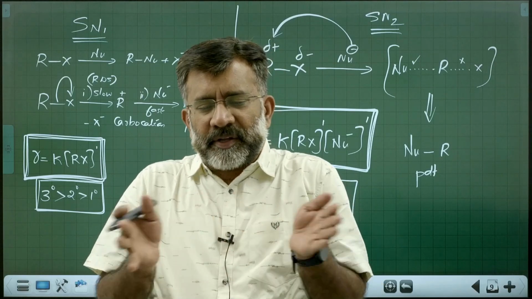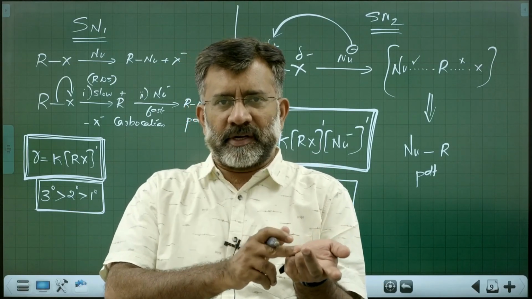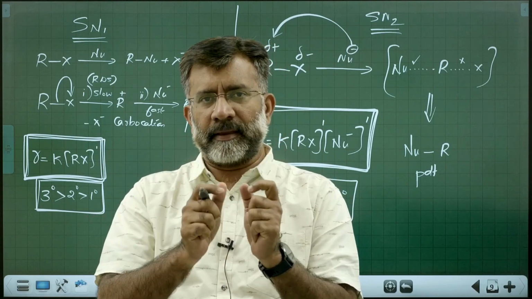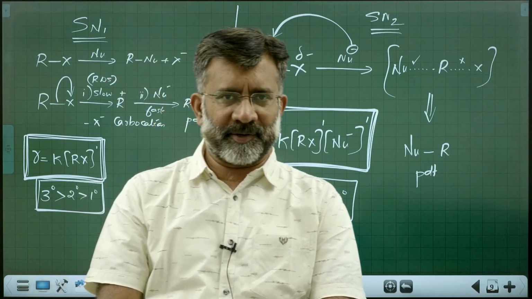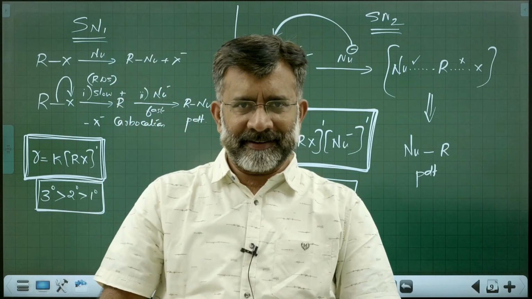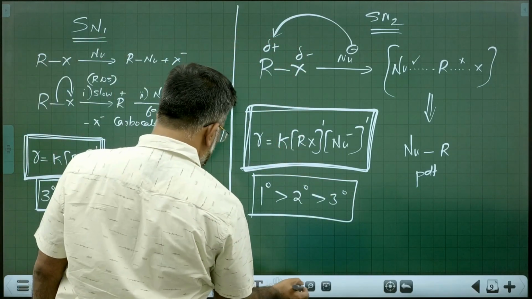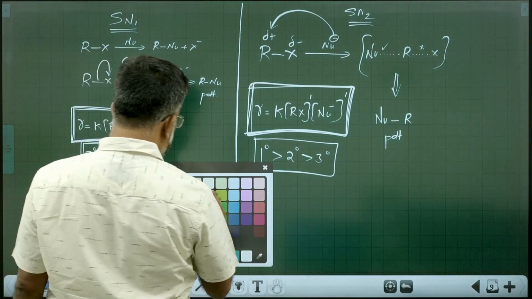So a variety of characteristics of the reactant, reagent, nucleophile, even the medium can influence whether it is going to be SN1 or SN2. Is it clear? Now whether SN1 or SN2, the common reactivity order is already discussed.